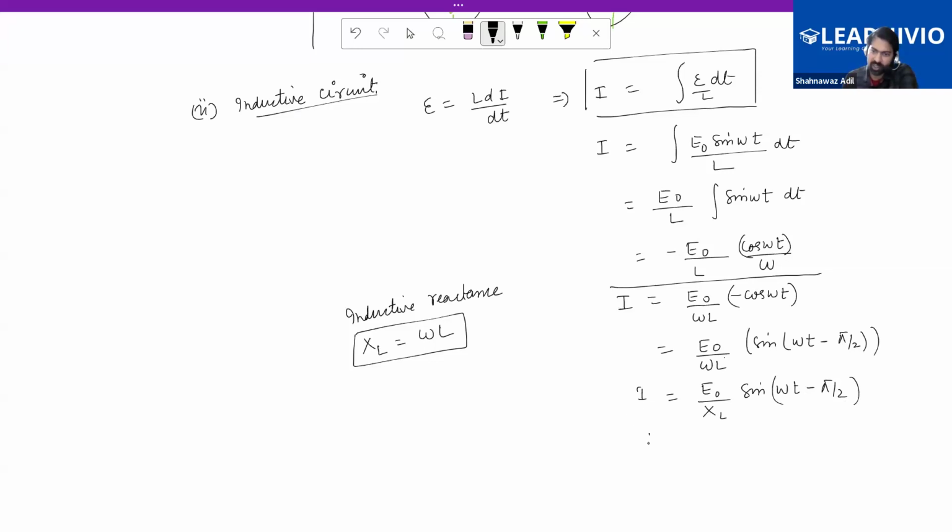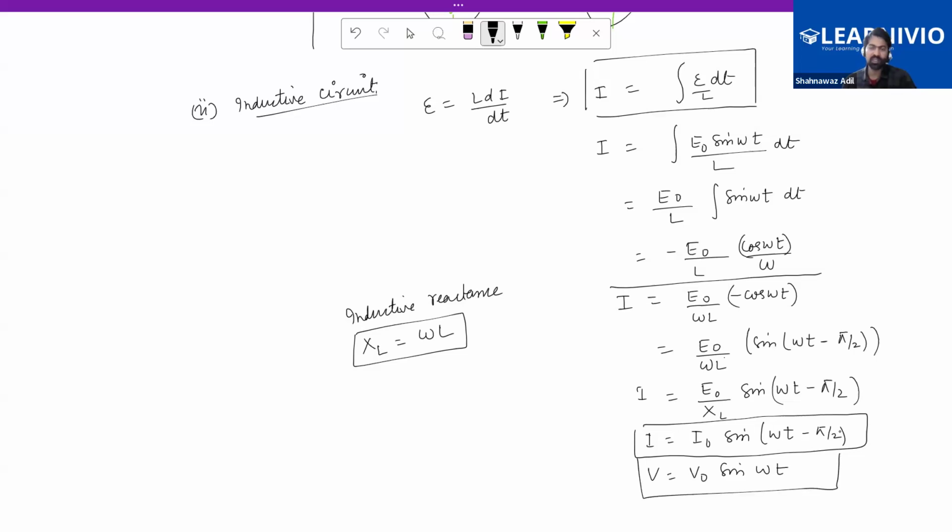So we can write I as I naught sine omega t minus pi by 2. So the current is lagging behind the voltage. And how much is the lag? The lag is 90 degrees.